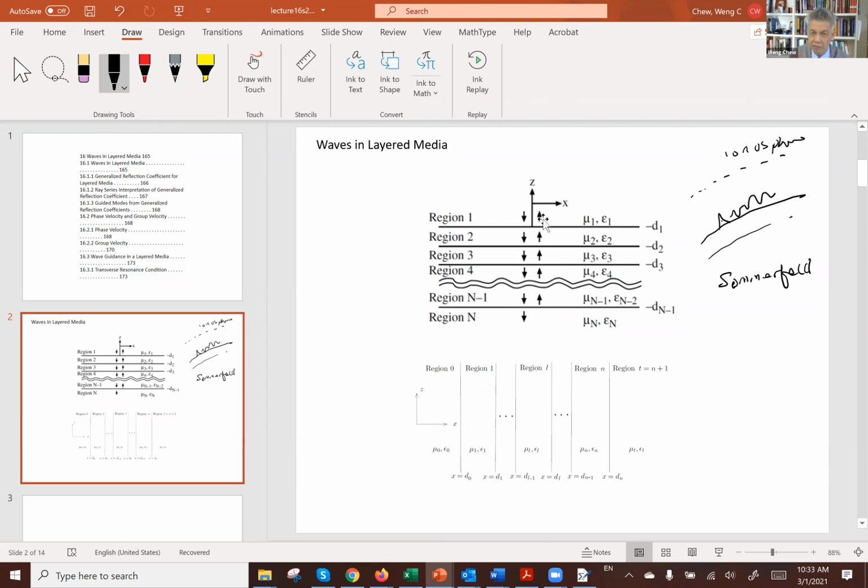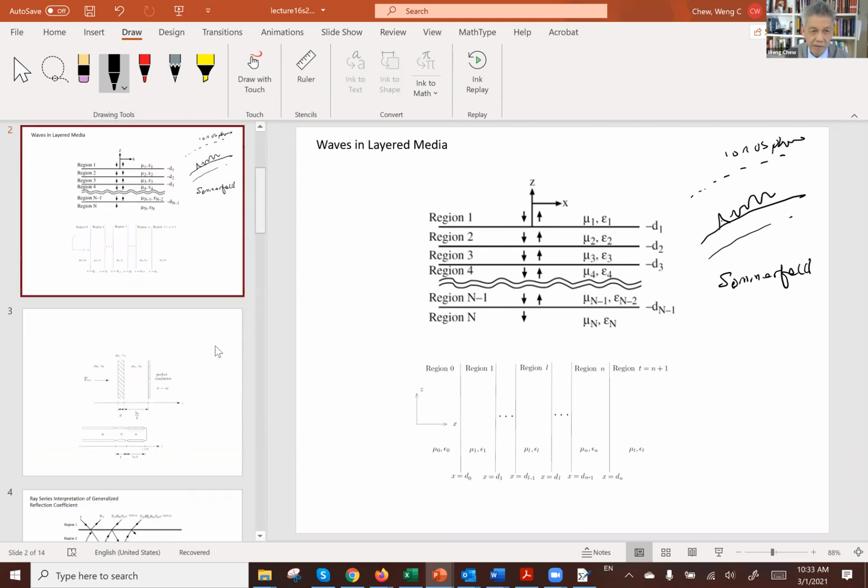And we want to find the reflected wave at the top as well as the transmitted wave at the bottom. You can reorient the top figure to look like this, where you send in the wave in this direction and then look for the reflected wave. I've taken this figure out of Kong's book, so the axes are slightly different in terms of labels. Usually I like to label this as the z-axis, not the x-axis.